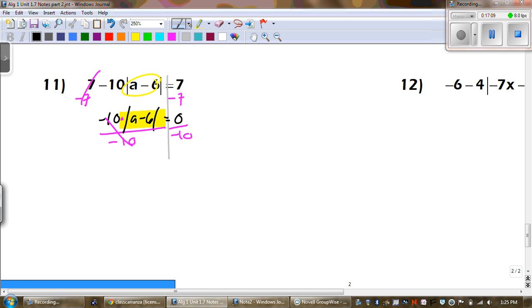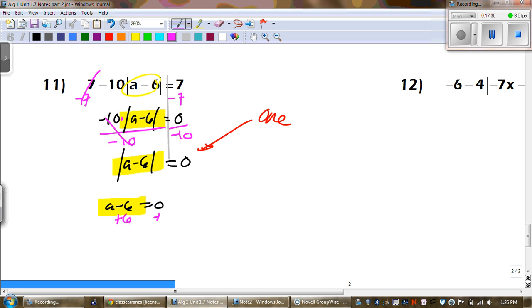And when we do that, you have the absolute value of a minus 6 equaling 0. And now that you see that, you should know that, oh, hey, look, I'm going to have one solution. That's correct. Okay. So a minus 6 equals 0. All you have to do is add 6 to both sides, and you get your final answer of a equaling +6. Okay?